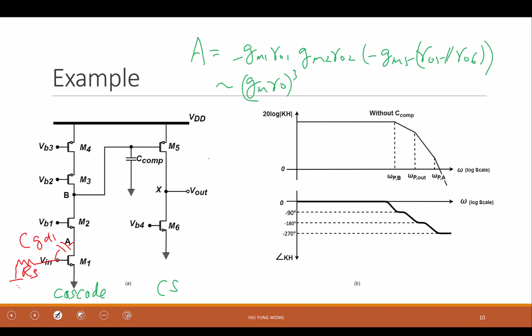Just if you forgot, right, just follow the rule. Write down all the capacitors. How many capacitors do we have? 4. And then at this node, how many capacitors are associated with this node? 2. What are they? CGS1, right? But then what is the pole of this one? Pole A.